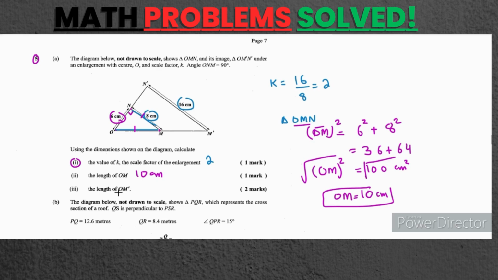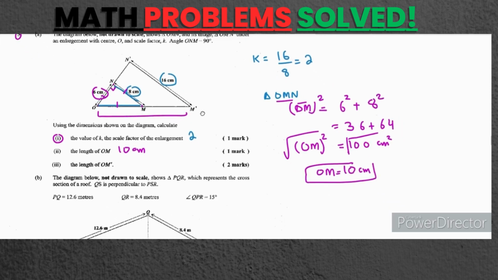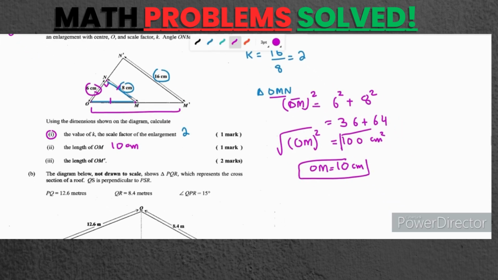Right? The length of OM prime is the length of this side. The most simple way is that we can use the scale factor here, right? What's the scale factor? The scale factor is 2. So OM prime, the hypotenuse of the image, is 2 times OM, the hypotenuse of the original triangle.